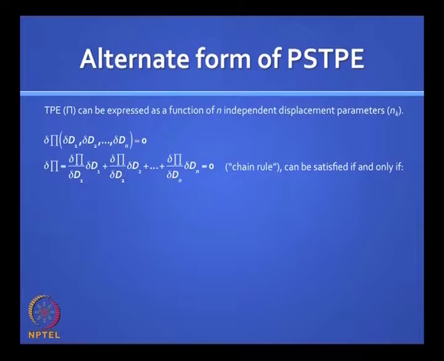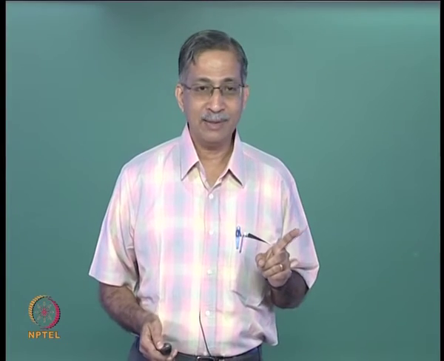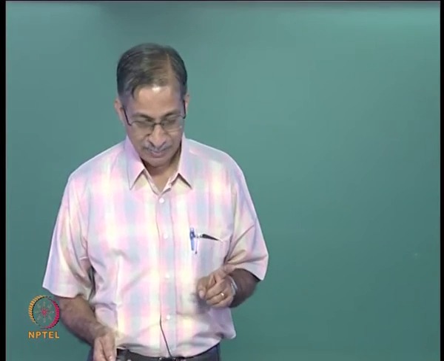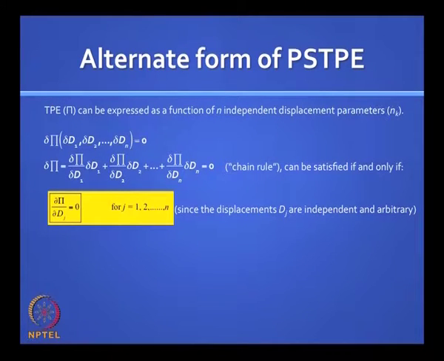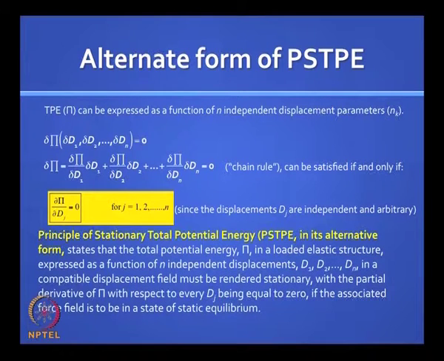And if you do that, that one equation multiplies into large number of equations, as many as there are degrees of freedom, and you shift from a variational calculus formulation to a partial differential equation. So dou pi by dou dj is equal to 0 for j equal to 1 to n.